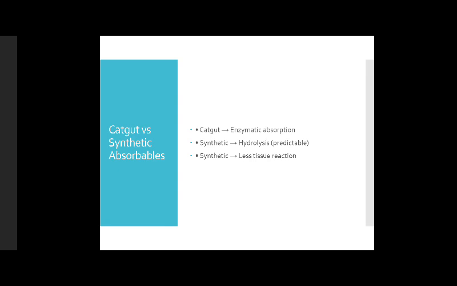But due to enzymatic absorption, tissue reactions are high for catgut. Now, modern surgical practice, declining use of catgut. They have been replaced by Vicryl, Monocryl, PDS, but they are still used selectively in surgeries.